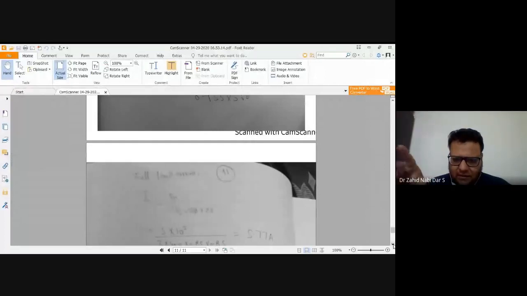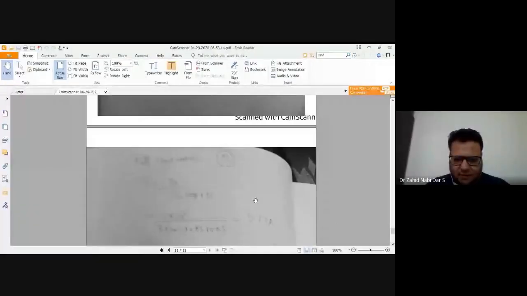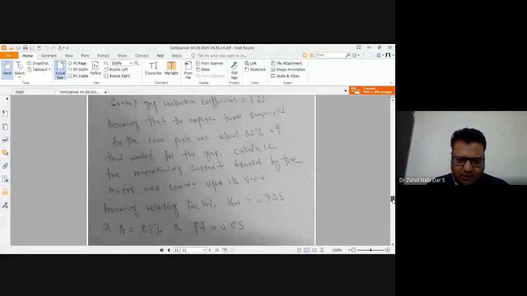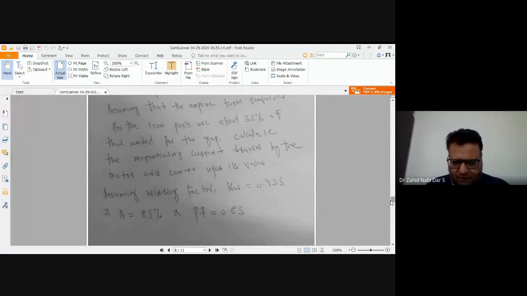P naught is already mentioned over there. P naught is 5 kilowatts, so I have expressed this as 5 into 10 power 3. 3 times Es, Es is 400. Cos phi is mentioned, power factor 0.85. Efficiency also 0.85. We have to see whether same or not. Yes, efficiency is 85% and the power factor also 0.85.